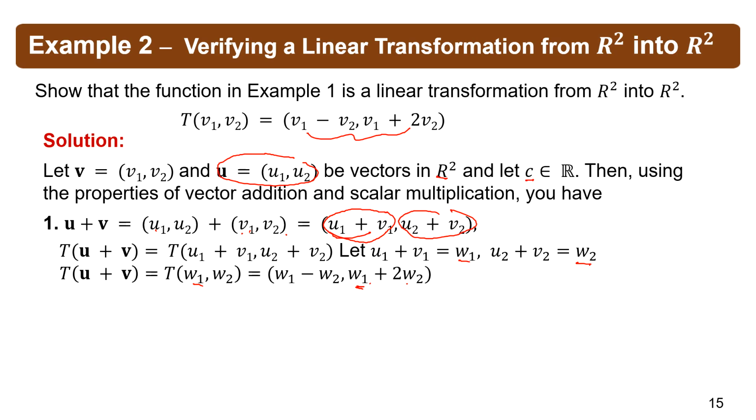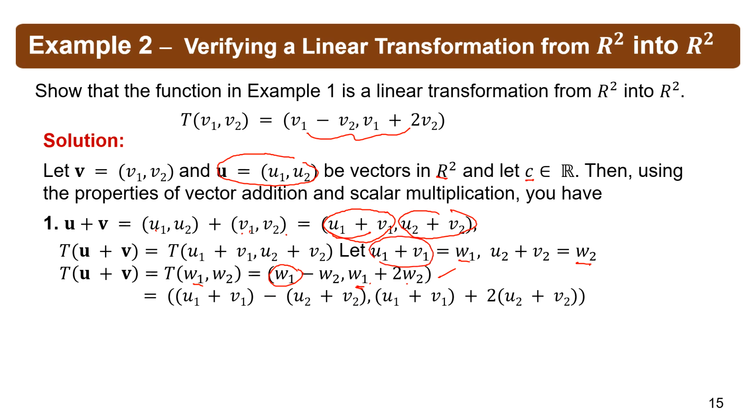Just to follow the rule easily, that's why we changed that to w. Now let's go back to the original form. Remember, your w1 is from here, u sub 1 plus v sub 1, and w sub 2 is u sub 2 plus v sub 2. Just replace everything, and we have to take note of the parentheses.